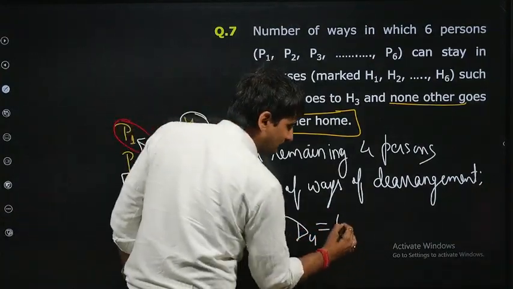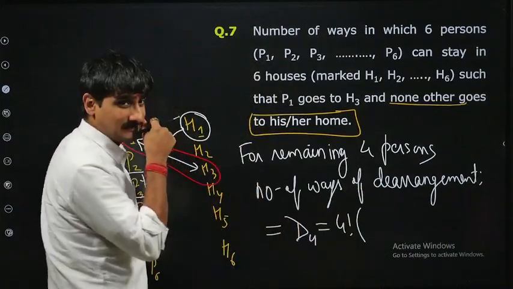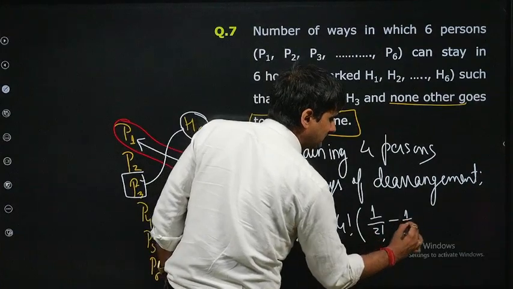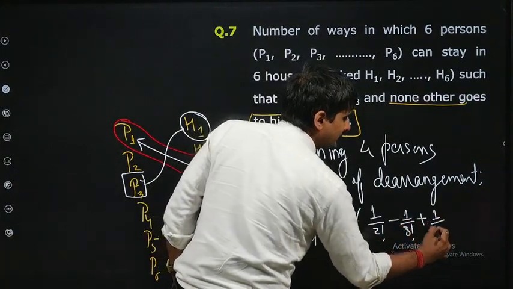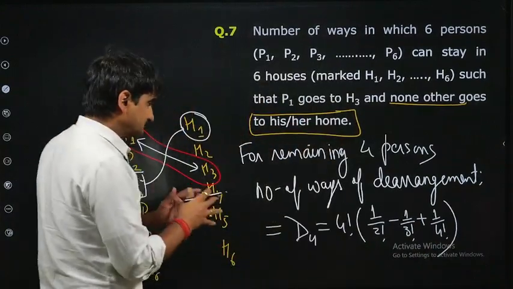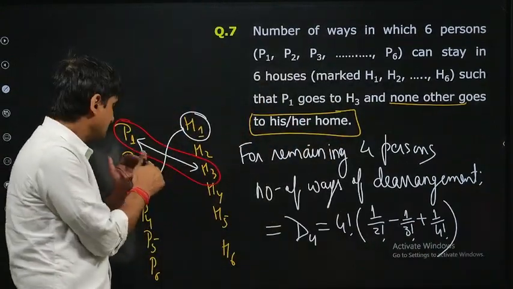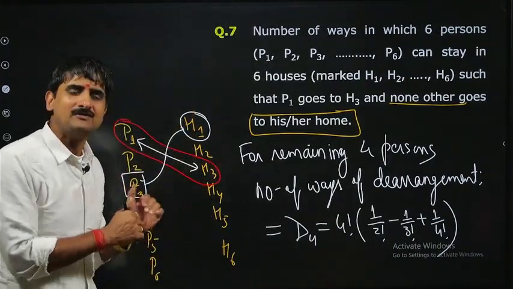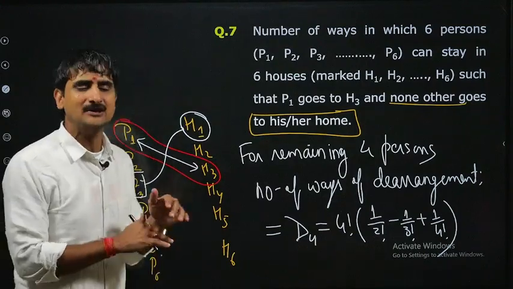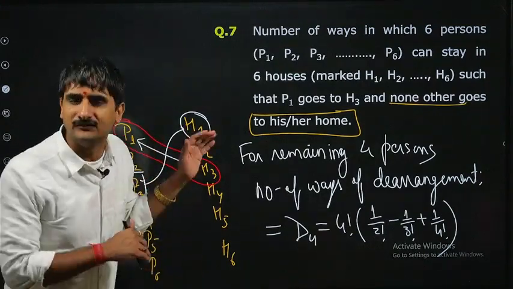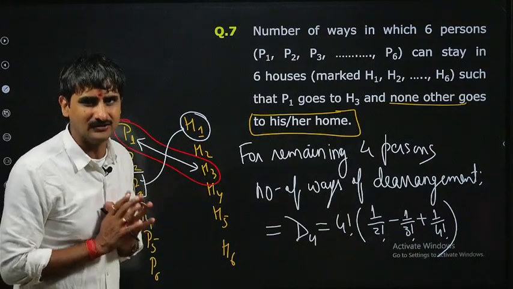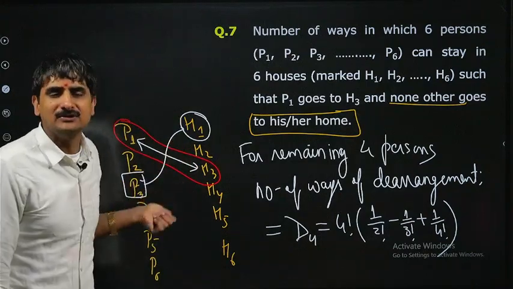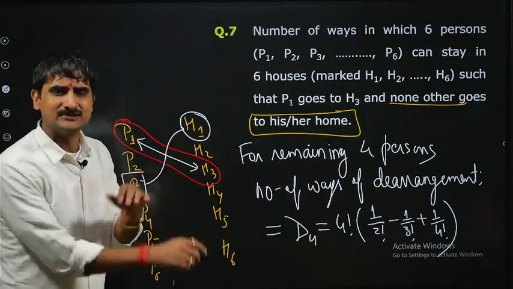So D4 will be 4 factorial into 1 by 0 minus 1 by 1 factorial, which will get cancelled, 1 by 2 factorial minus 1 by 3 factorial plus 1 by 4 factorial. This is the case when P3 goes to his own house, when we are assigning H1 as his house, and the remaining ones, none of them goes to his or her own house. But in totality, P3 is actually going to the house of person 1, so it's a derangement.